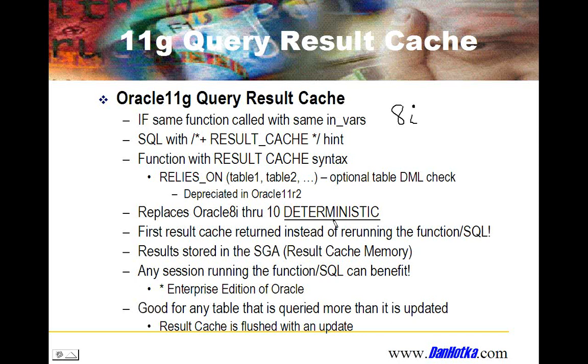I'll just return the same result that I stored for you last time. The best way to describe the result cache is it does this, but it does it for all the users and across sessions. So everybody shares the same function calls, and it saves all of the invariables.